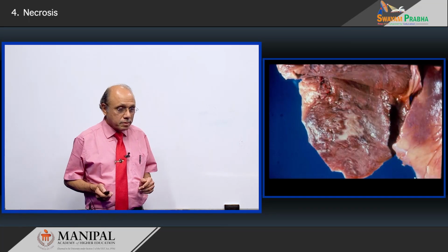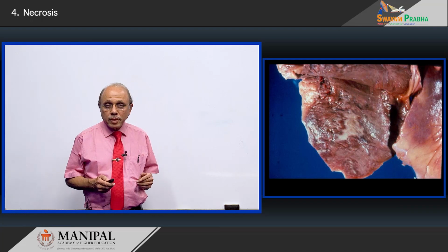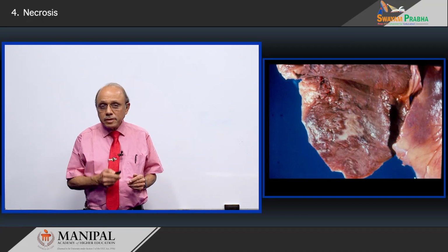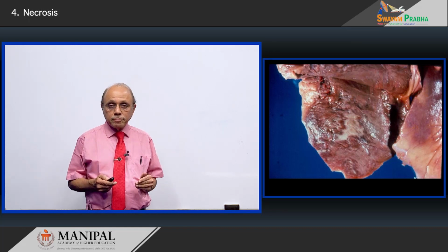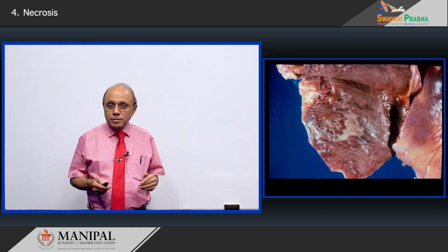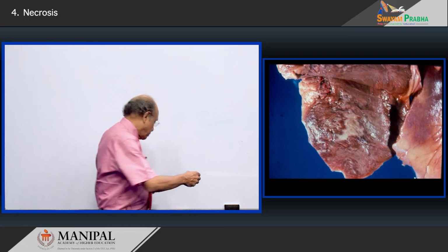The first type of necrosis we encounter, and which is of tremendous clinical significance, is what we see in myocardial infarction. And this type of necrosis is referred to as coagulative necrosis.